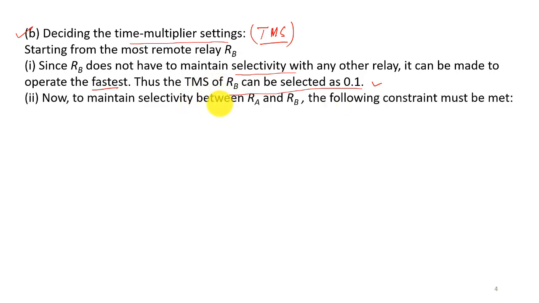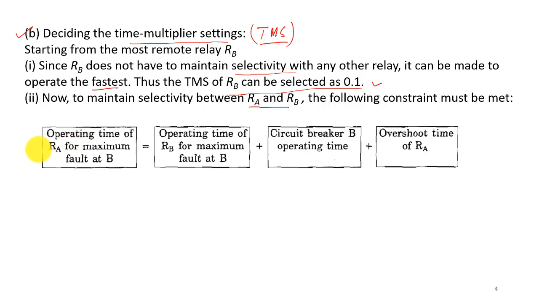Now to maintain the selectivity between RA and RB, the following constraint must be met. So what is that constraint? This is your constraint. The operating time of RA for maximum fault at B will be equal to the operating time of RB for maximum fault at B, plus the circuit breaker operating time that is associated with relay B, and the overshoot time of RA.